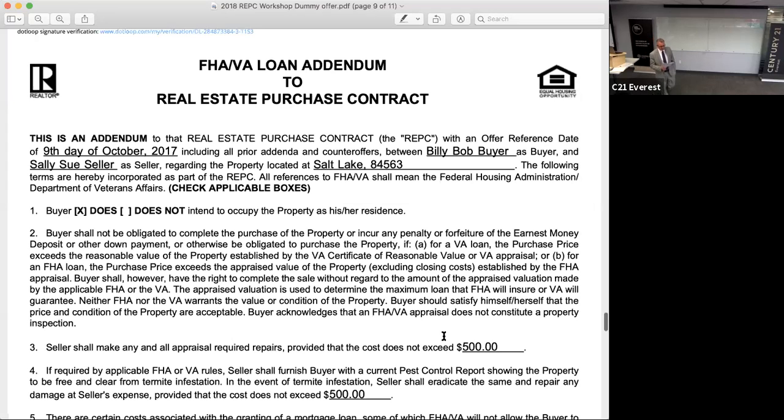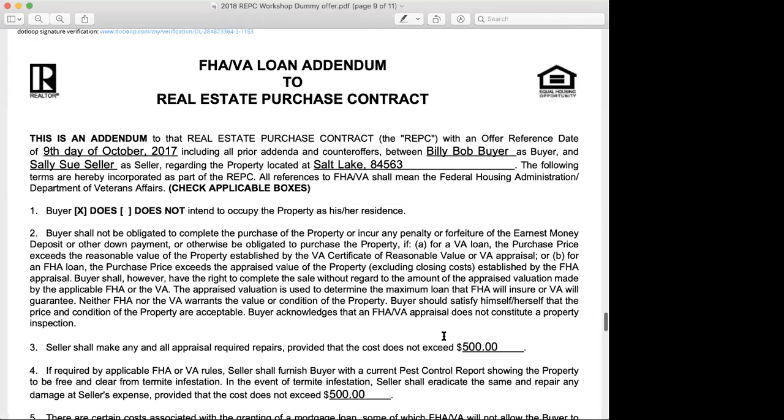So when I'm filling this out, when I get to section 3, if it's an FHA loan, I will just think about whether there are any safety things. Is there anything that's going to be an issue safety wise? If there is, then as a default I usually just throw in $500. But if I looked at the roof and you could see there's not a 2-year life on it, I might throw in $5,000.